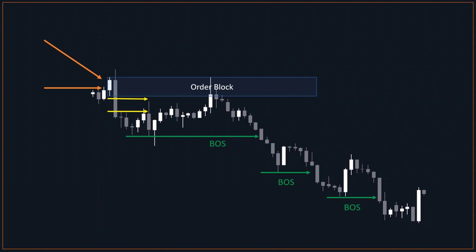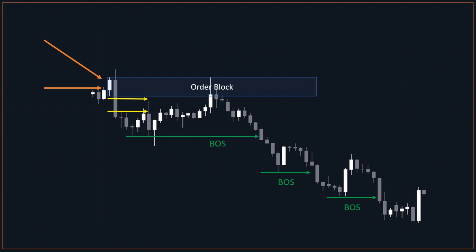So the number one rule is that price must take out the high or low of the previous candlestick, and we see here that price has taken out the high of the previous candlestick, and that there is a fair value gap. We see that price has left an imbalance in the market, which created a fair value gap, okay, which is another criterion that validates our order block.